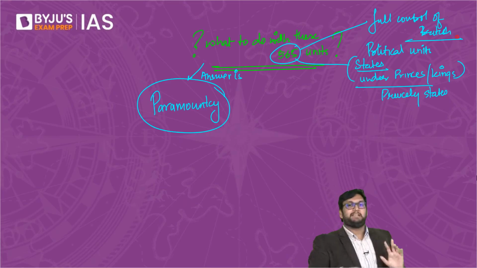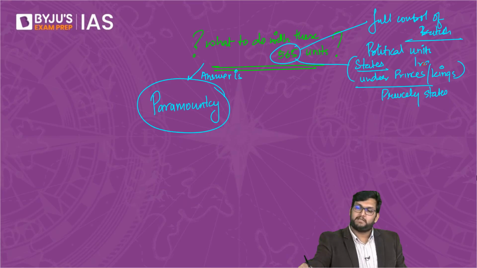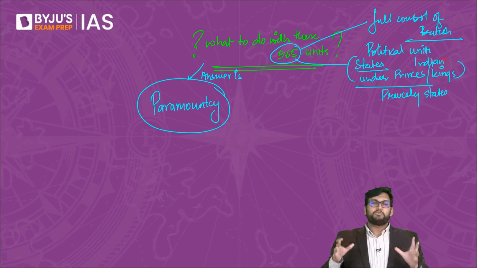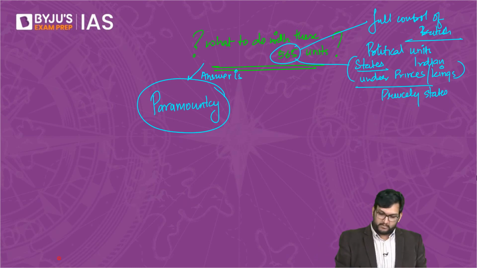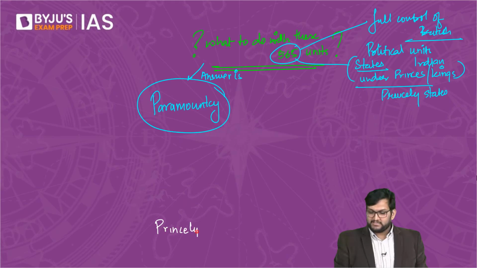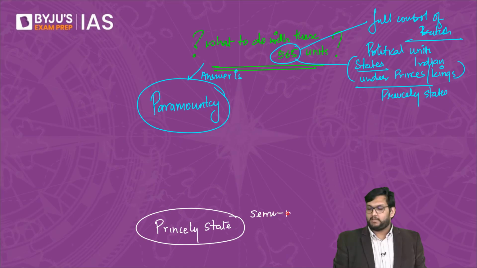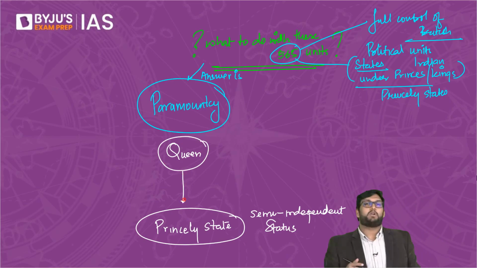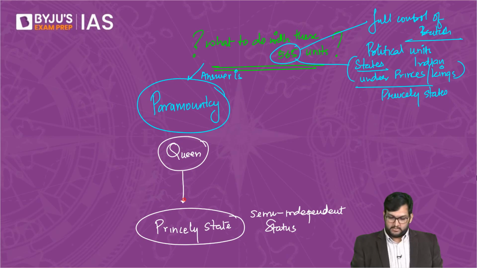So these are Indian kings, obviously Indian princes and kings. So what they introduce is the concept of paramountcy, wherein the princely state got a semi-independent status, wherein the queen is the person who controls the princely states.